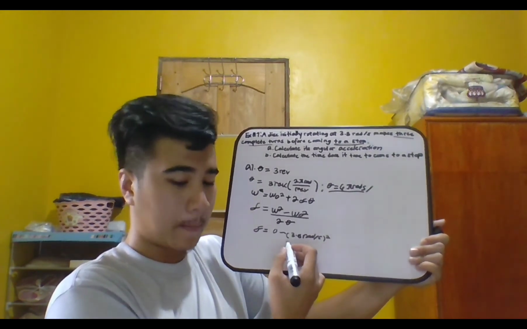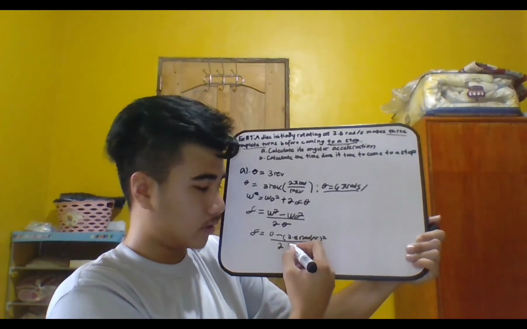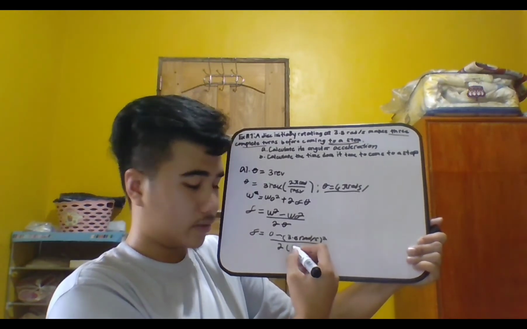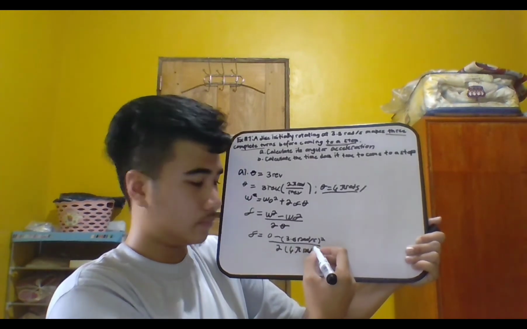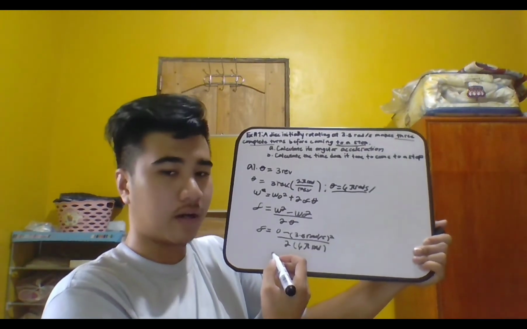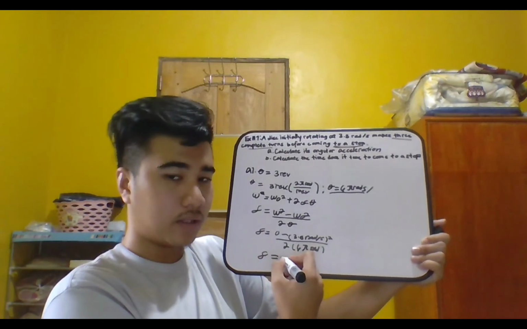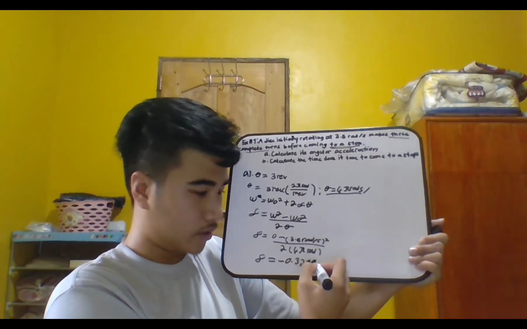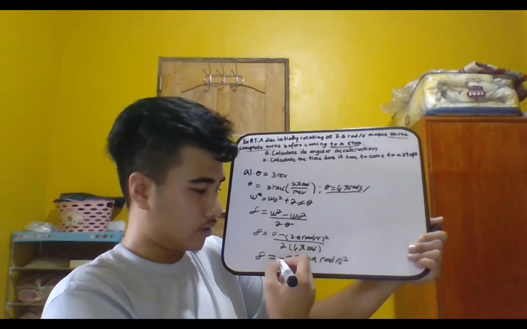So this is 0 na over 2 tas yung angular position na 6 pi radian. And by calculating, our angular acceleration now is equal to negative 0.3249 radian per second squared.